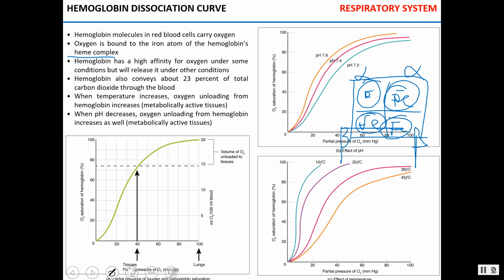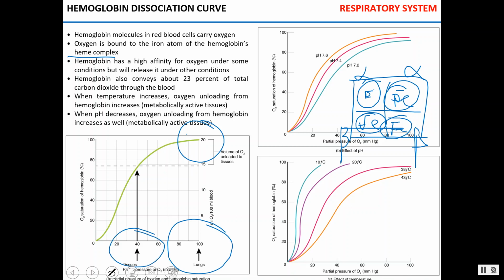Hemoglobin is also critical for the transport of carbon dioxide. We will talk about it. It carries about 20% of total carbon dioxide. Now let's take a look at this curve that I have here. It is called the hemoglobin dissociation curve. When oxygen pressure is high in the lungs, the amount of oxygen that is bound to hemoglobin is maximal, 100% saturation.